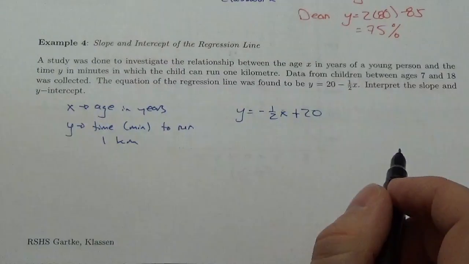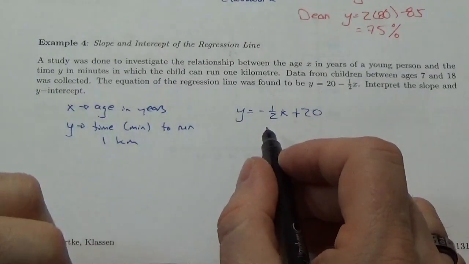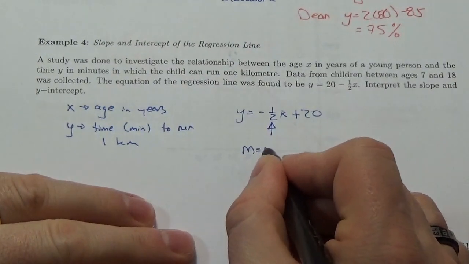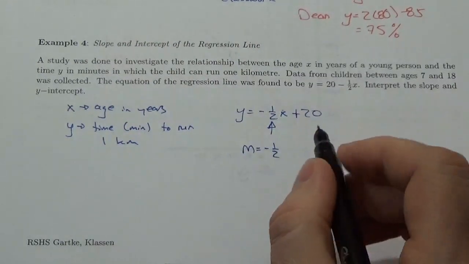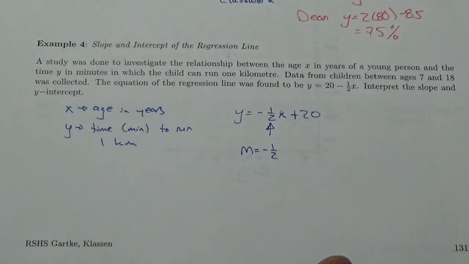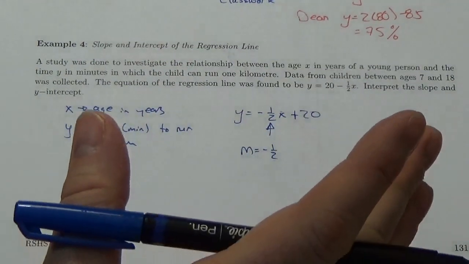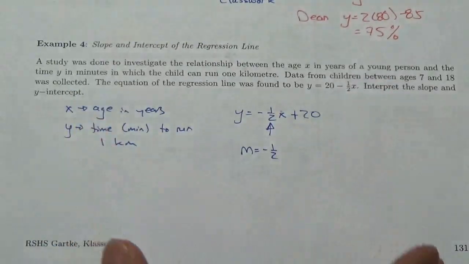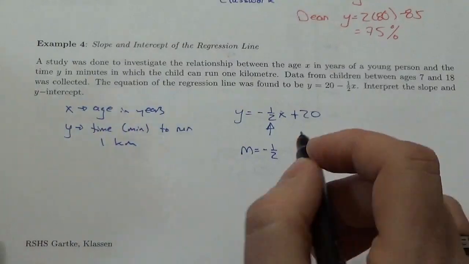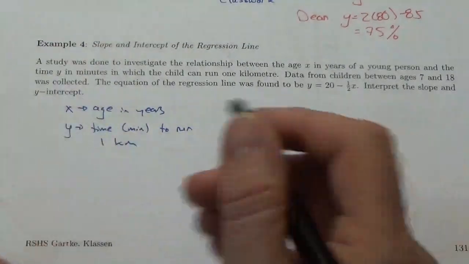So we're going to interpret the slope and the y-intercept. Here's my slope right here. Slope is negative 1/2. Think about how the slope works here. The slope is the ratio of the change in the rise over the change in the run, so this corresponds to the units vertically to horizontally.